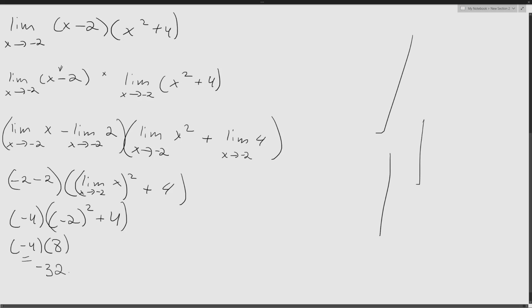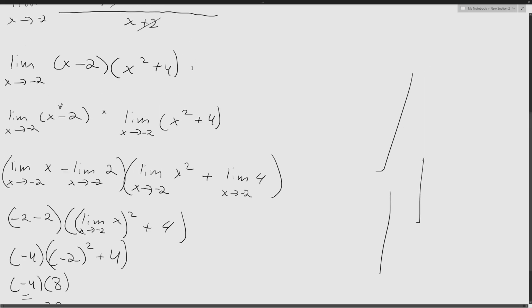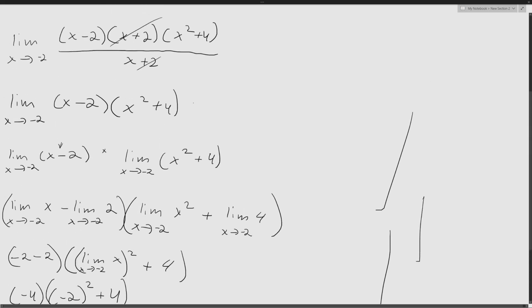And thus our answer is -32. Again, if we were just to plug those values in here, we would get -2 minus 2, so -4, times -2 squared, which is 4, plus 4, which equals -32. So doing it either way is fine.